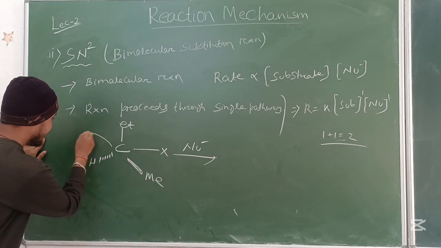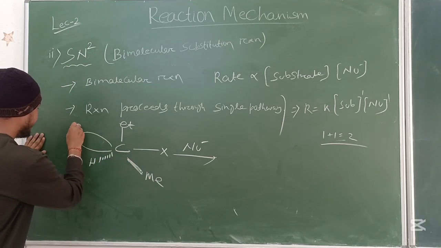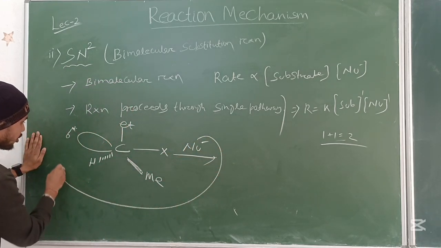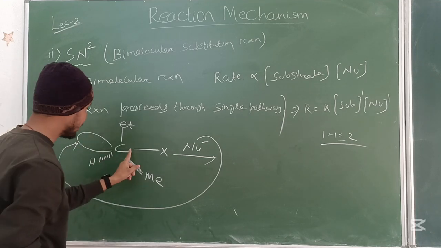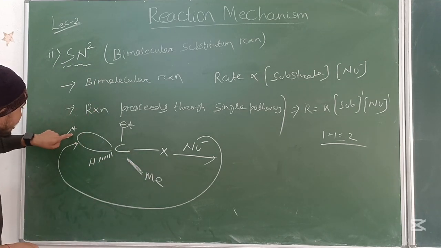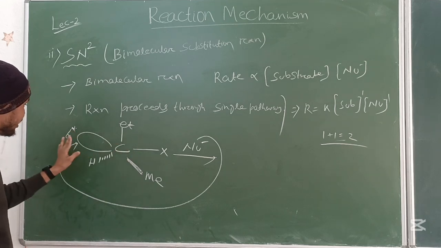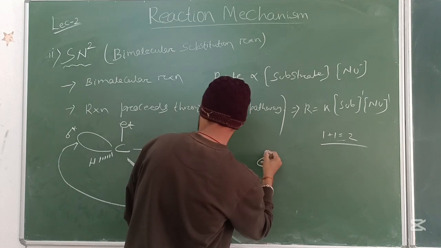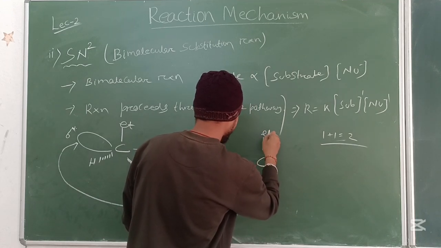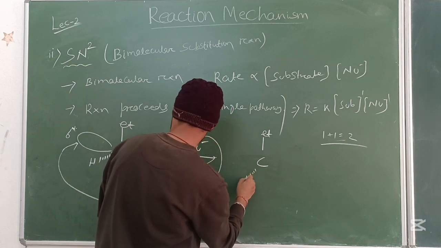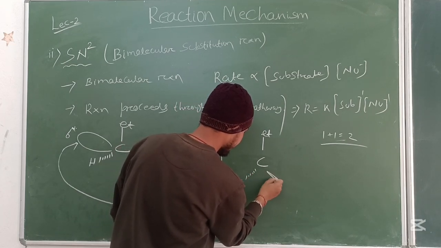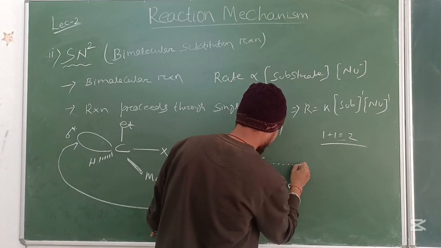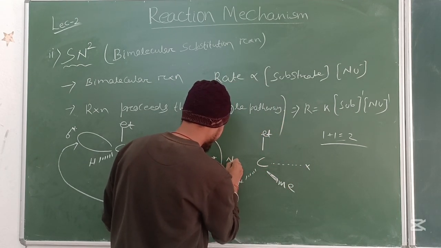That means a sigma antibonding orbital is present here, so the incoming nucleophile will attack the back side of the C–X bond, the back side of the carbon–leaving group. So this is the sigma antibonding orbital, and to this point the nucleophile will attack. If you check, this is ethyl, this is hydrogen, this is methyl, X, and this is the nucleophile.